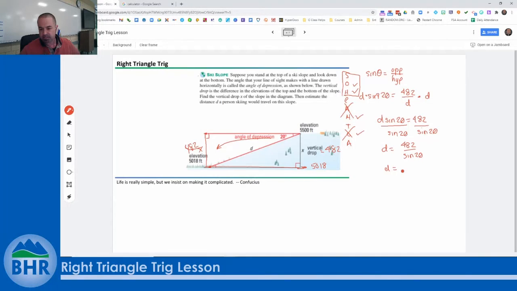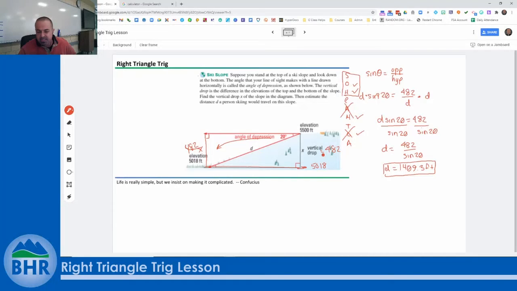D is equal to 1409.3 feet. So that is the length of the ski slope. All right, a little bit more than a third of a mile, I guess.